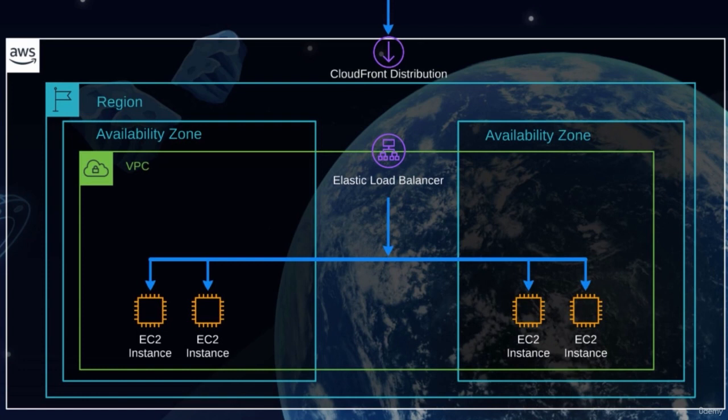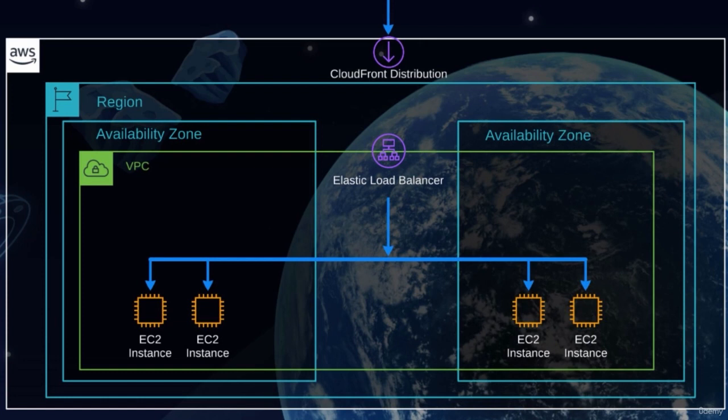So when your end user requests that video or those images, it will be delivered to them with really high speed and low latency. And at the same time, it's going to take the load off your EC2 instances and is going to significantly reduce your costs.